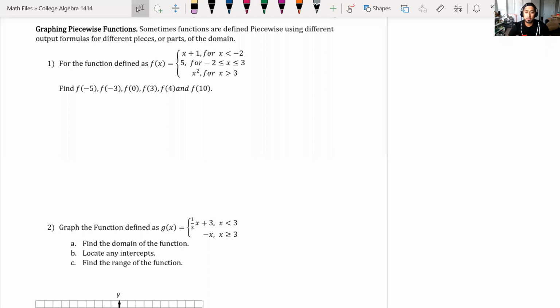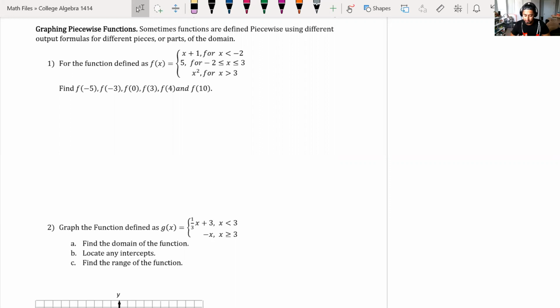Okay. So piecewise functions are functions made using different output formulas for different pieces or parts of the domain. So for number one, we want to evaluate the piecewise function based on the x value given.